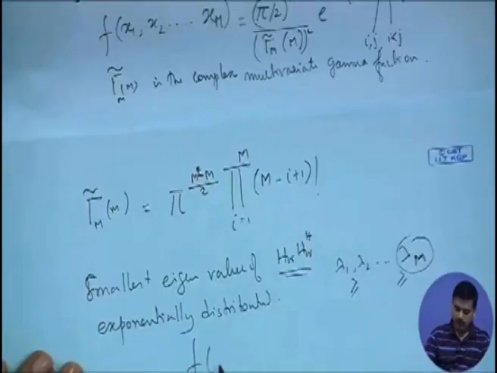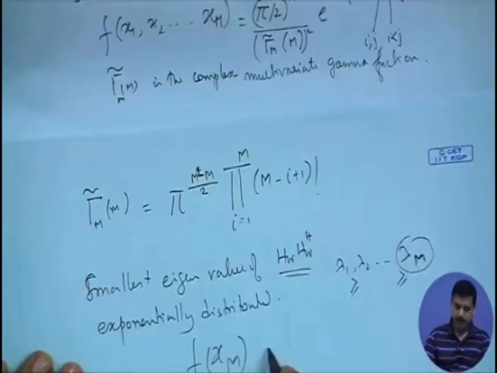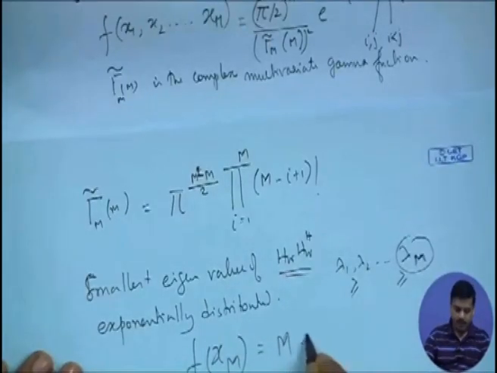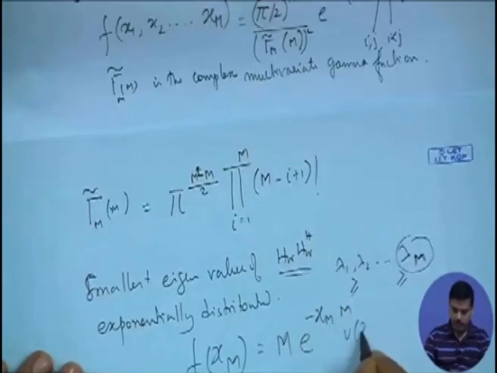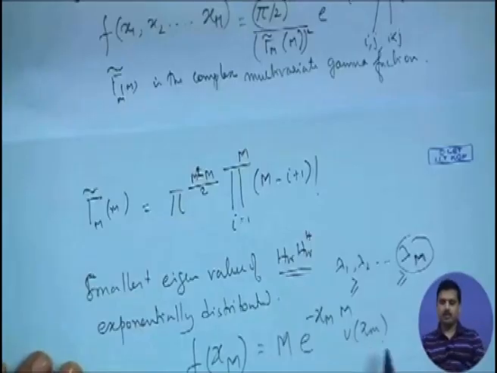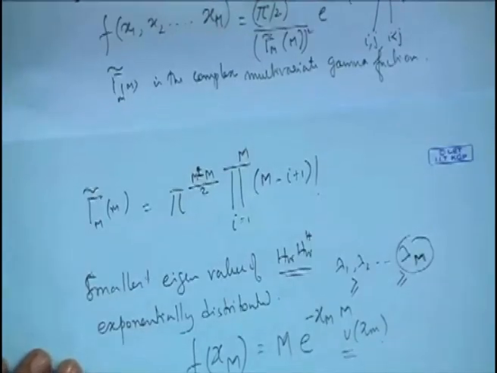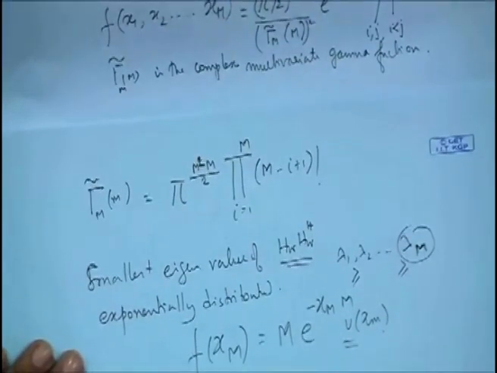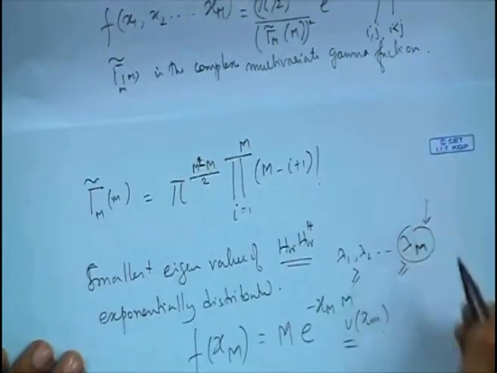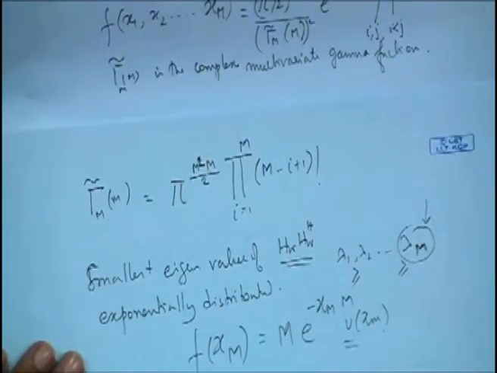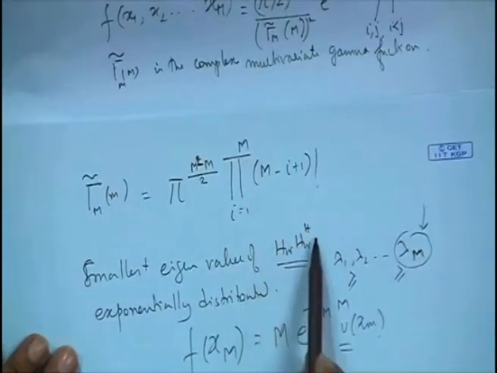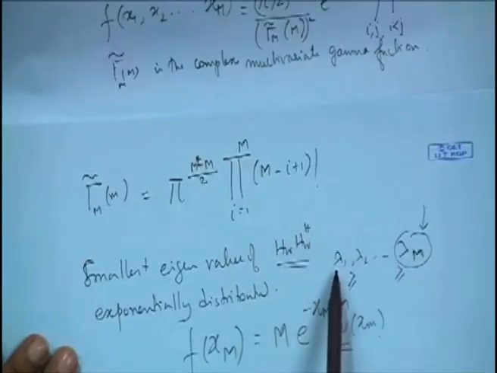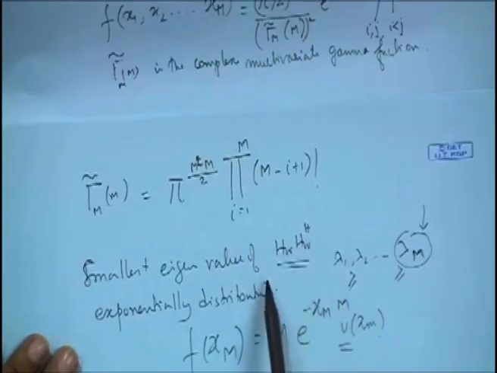So f of xm is given by m e to the power of minus m times m, u of xm. Okay, so this is for xm greater than or equal to 0. This is the indication. What we have is these kind of things as the smallest eigenvalue. This is useful in calculating the outage probability, because when we talk of lambda, it's basically the eigenvalues of H Hermitian, and so basically it contains some kind of strength information about the channel.